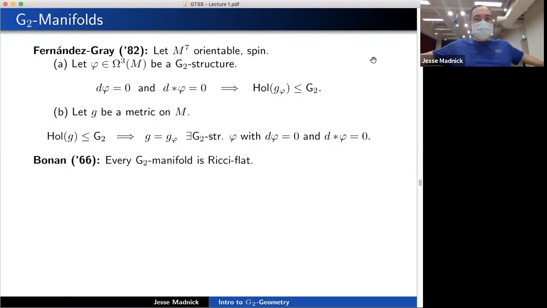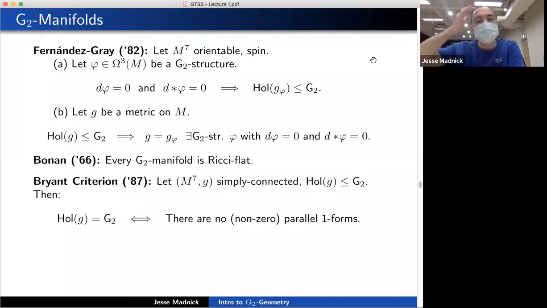But probably what you want is not holonomy contained in G2. Probably what you want is holonomy equal to G2. How would you get holonomy equal to G2? There are two criteria that you could apply. One is Joyce-Bryant, and it goes like this. Let's say you have a simply connected Riemannian 7-manifold and the holonomy is contained in G2.